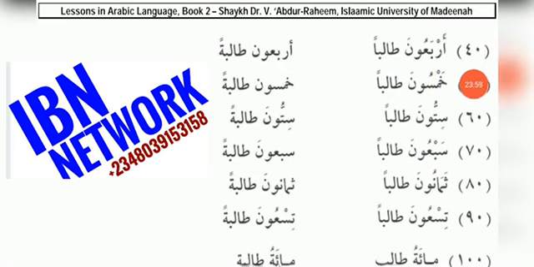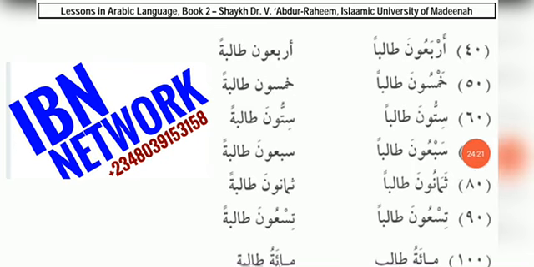And here it is khamsuna taliban, that is 50 male students. Khamsuna talibatan, that is 50 female students. And here it is sittuna taliban, that is 60 male students. Sittuna talibatan, that is 60 female students.